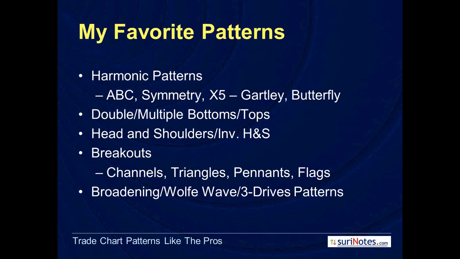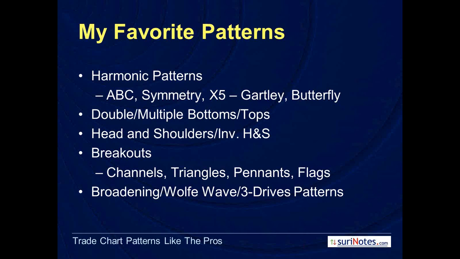Other patterns are double bottoms and double tops. These are extensively found, and I use the ABC itself to detect the double tops and double bottoms. I also trade head and shoulder and inverse head and shoulder patterns, and they are also found using the ABCs again. Other ones are the breakouts, like the standard breakouts, channels and triangles, pennants and flags.